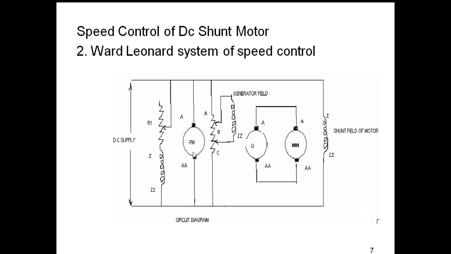Here this is the motor, this is the generator, and this is another motor. Here we are controlling the speed of this motor, the last motor. For this motor, the supply is given from this generator.